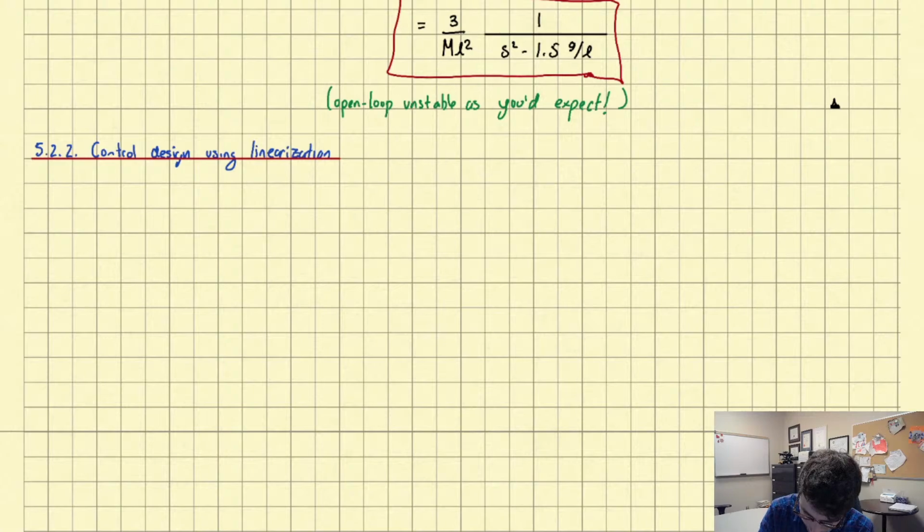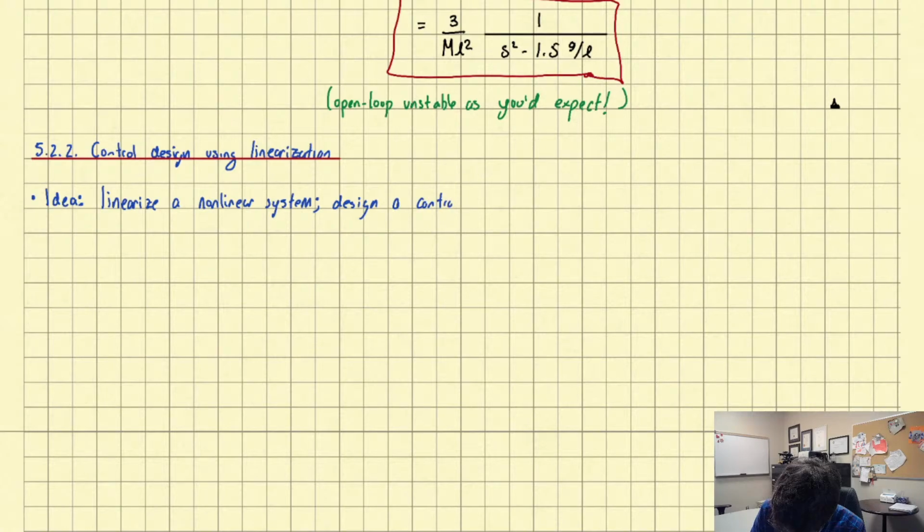Okay, and so the basic idea is the following. Linearize a nonlinear system. Design a controller for the linearized model.